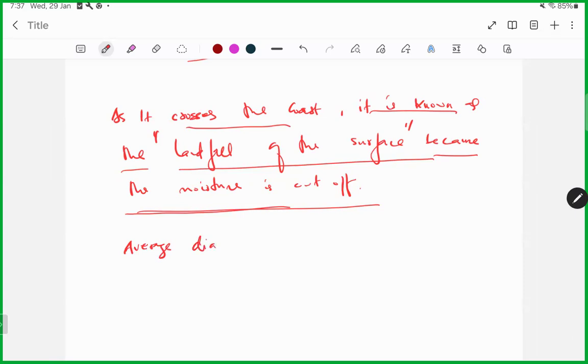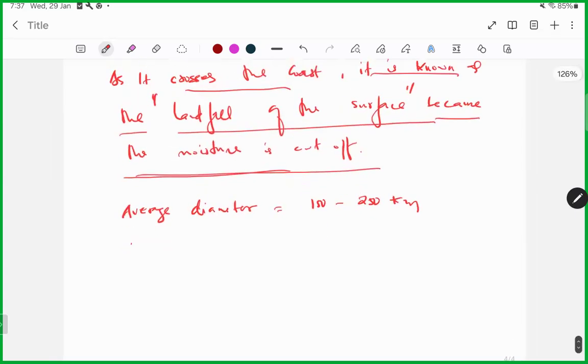The average diameter of tropical cyclones is around 150 to 250 kilometers. However, in the Arabian Sea and Bay of Bengal, the average diameter is very big.